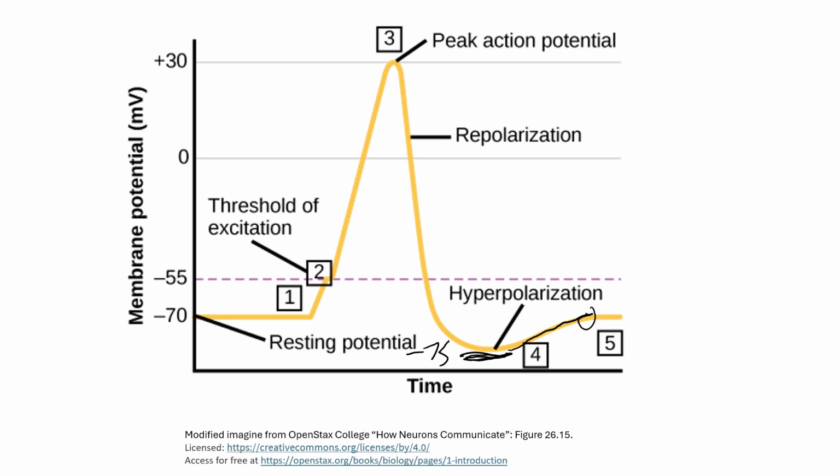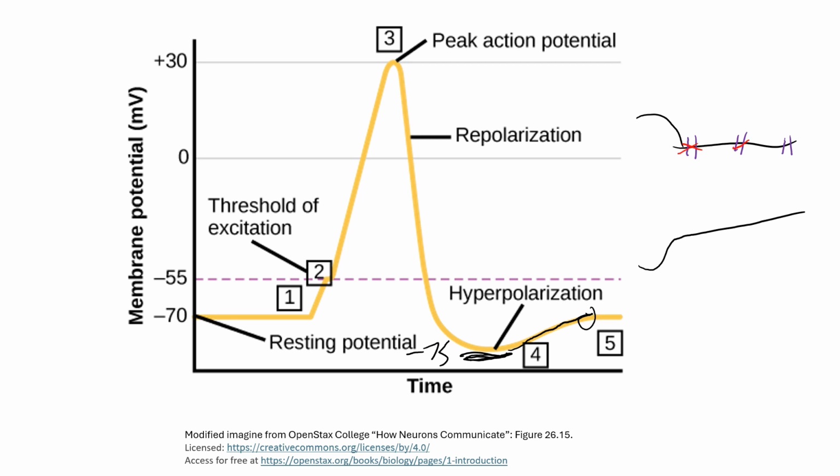But the simple answer, there's no simple answer to this, but the simpler answer that I can give for the moment is that what happens is at negative 75 millivolts, the extra voltage gated potassium channels, they close.